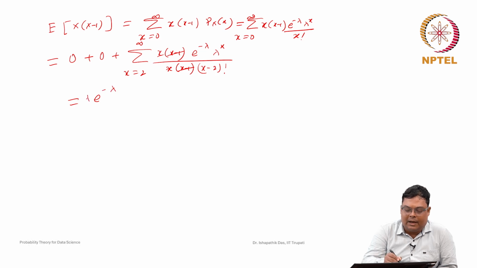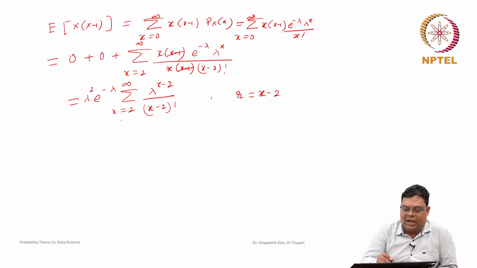So, we take lambda square common, and the sum is from x equal to 2 to infinity of lambda to the power x minus 2 divided by x minus 2 factorial. Then we take a similar transformation, r equal to x minus 2.